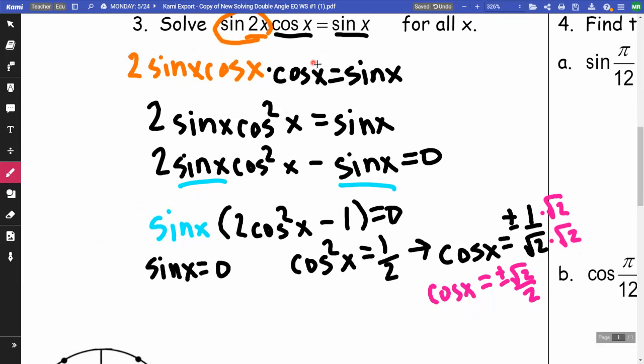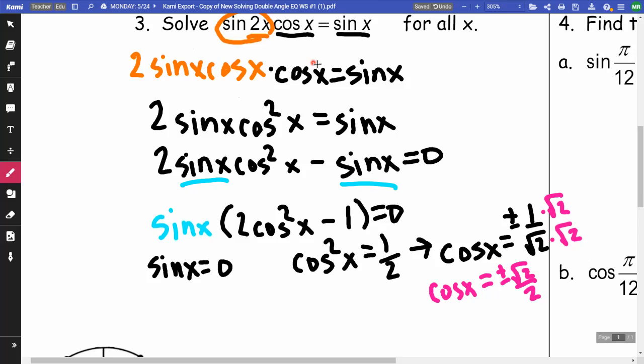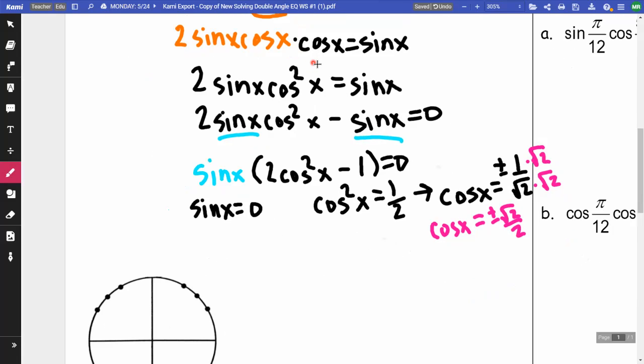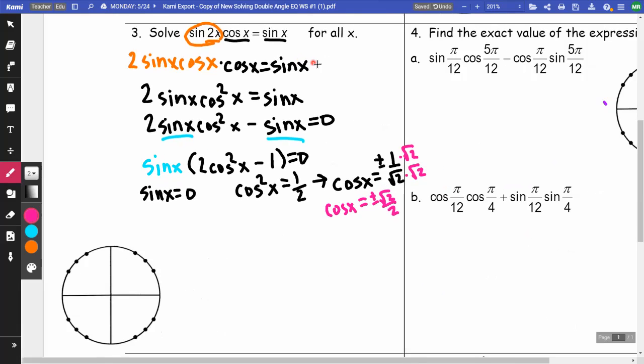And I want to know what angles give me that. Okay. So let me just kind of get this whole problem in. If I am looking at where my sine, so here, let me do that part in blue, okay? So if I want to know, hey, where is that true? That's your y.